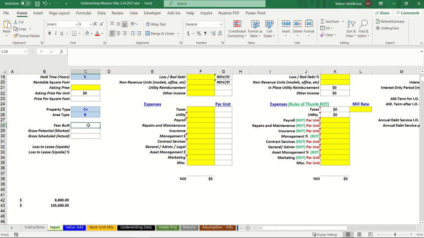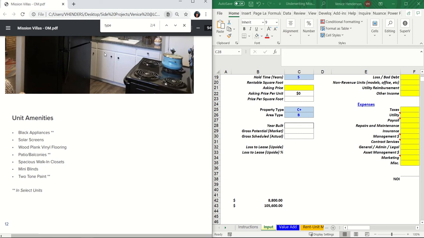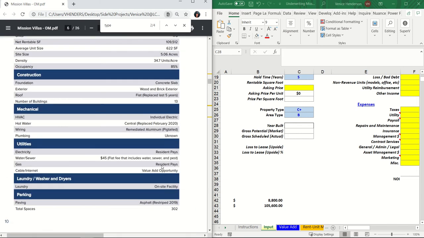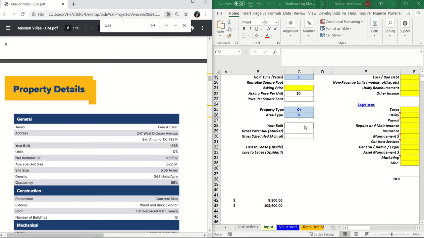The year built, I know I keep saying this, was 1965. Yes, 1965. The gross potential market, gross scheduled actual. So this refers to the rent.